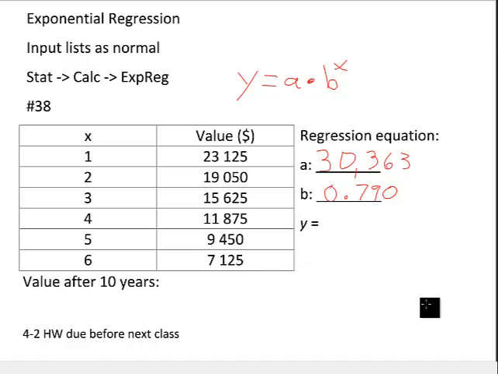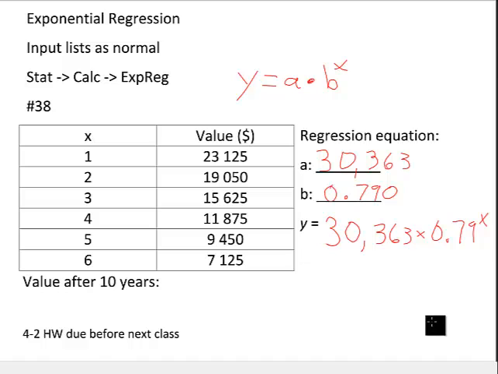Okay, so that luckily, since this is the form we were asked for, these are the values we are given. So the equation is 30,363 times b, which I actually have a value for now, a value of 0.79, and that's raised to the x.